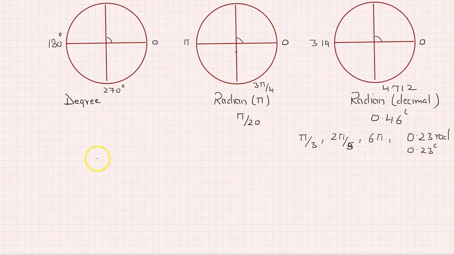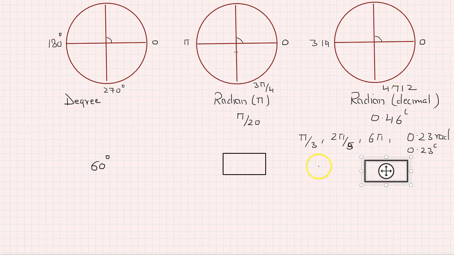Now suppose we have 60 degree. Now how do we convert it into radian? We know that this 60 degree is roughly more than 1 radian, because 1 radian is about 57 degrees. So how do we actually convert? We do 60 multiplied by pi over 180.